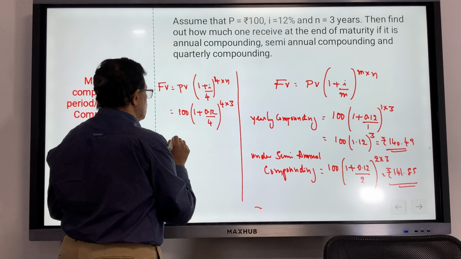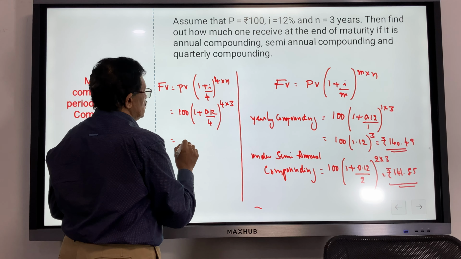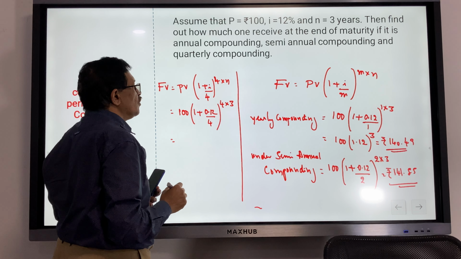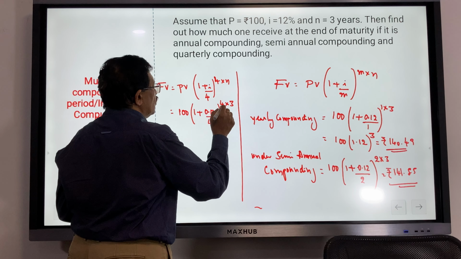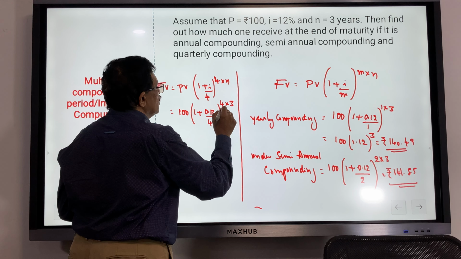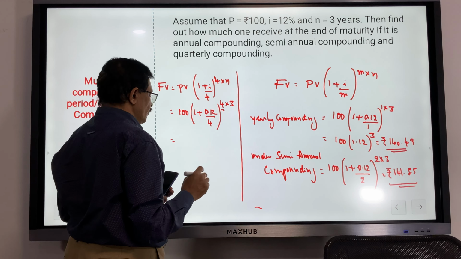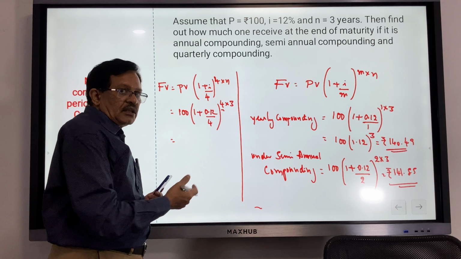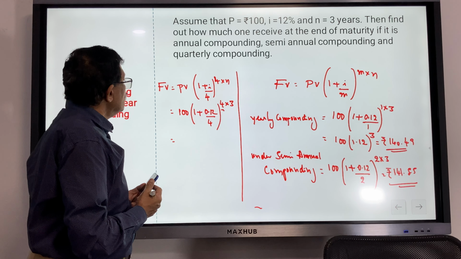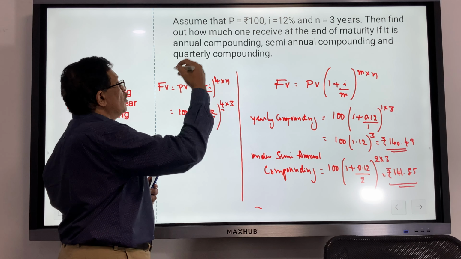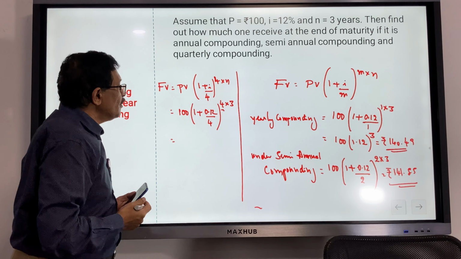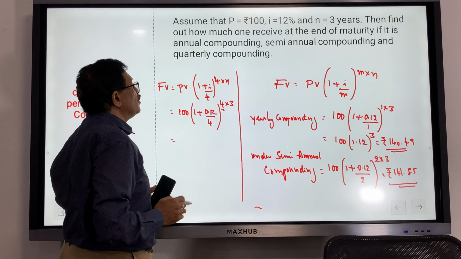So you are going to have a higher value when you do this particular thing. The reason is that you are compounding more times here unlike earlier. So you can take this as homework and try to compute this particular thing. When it is compounded on a monthly basis, M is going to become 12.